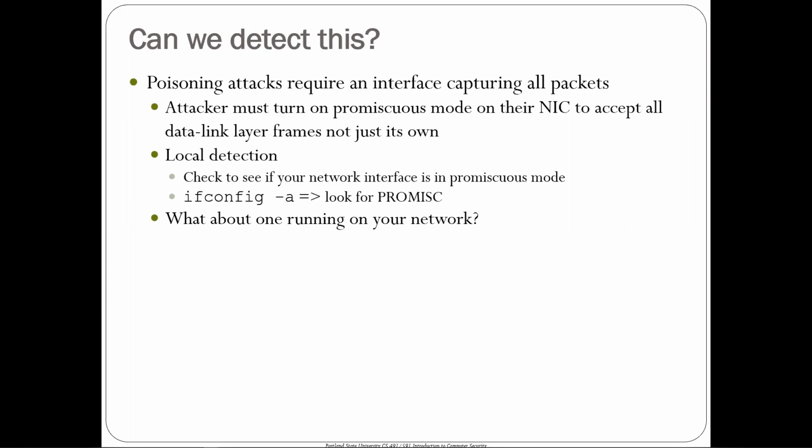So that's one way. You say, hey, this person isn't legitimately replying to actual requests. Then the attacker's sneaky. The attacker is just going to wait for an ARP request and then race the legitimate router in this case to reply. Then it would be harder to detect.